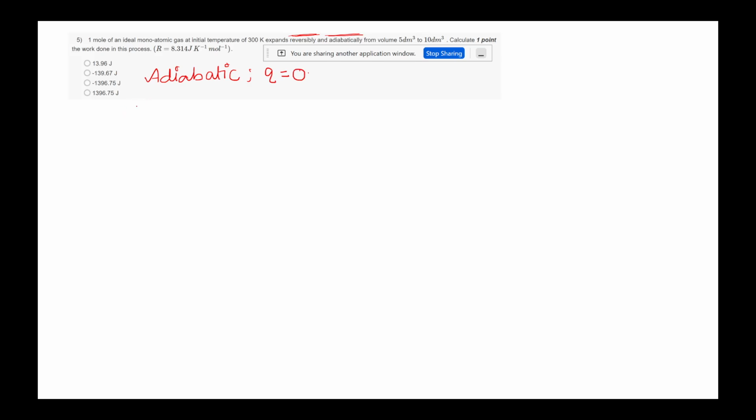So from the first law of thermodynamics, we know that dU is dQ plus dW. This bar on the d means these are not exact differentials.